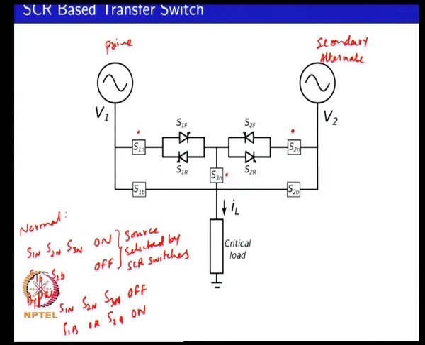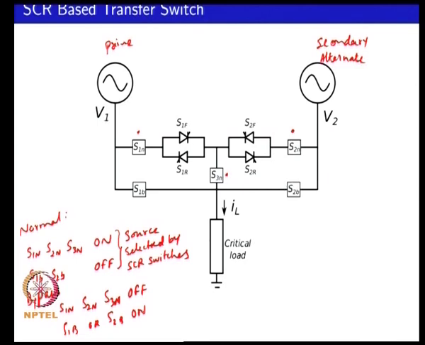This occurs during a bypass mode, and under normal mode you are able to switch between your prime source or your alternate source. If you look at what this arrangement is trying to do, under normal conditions your power flow would be from V1.